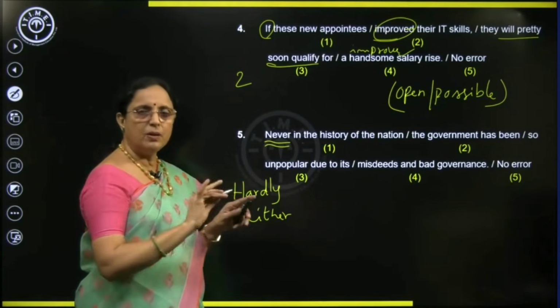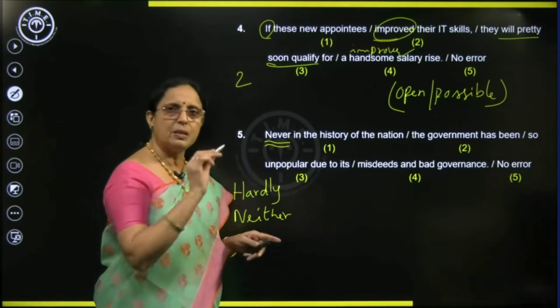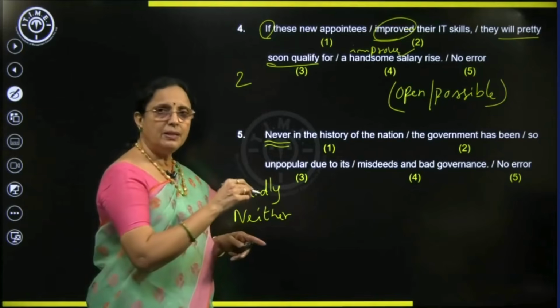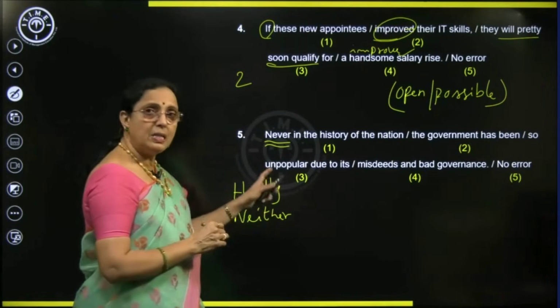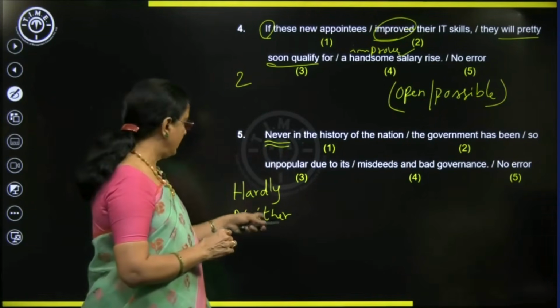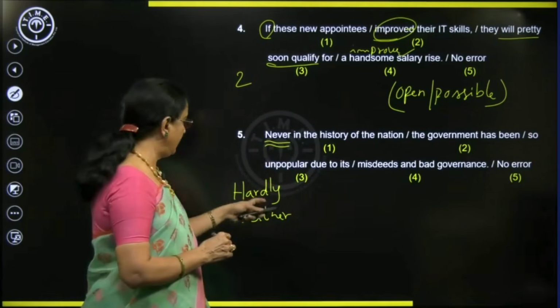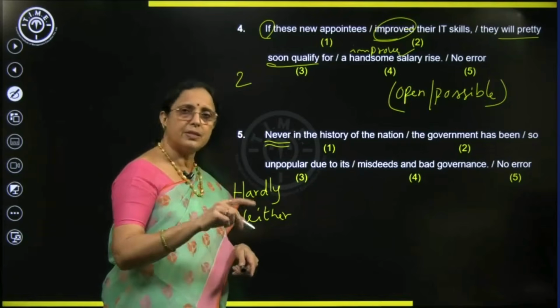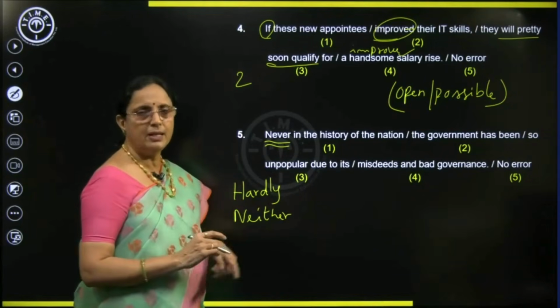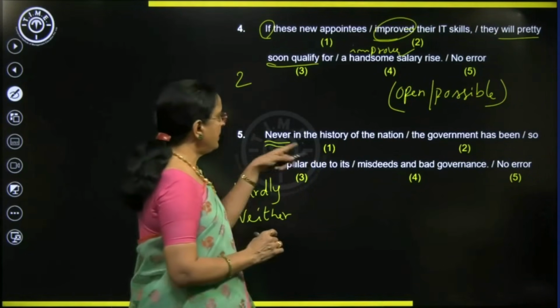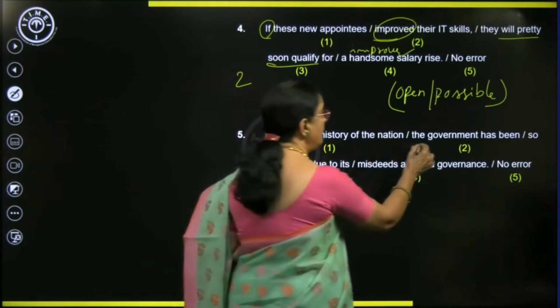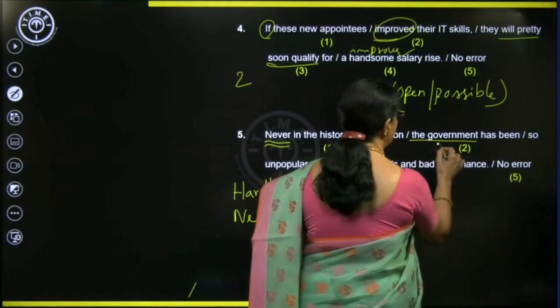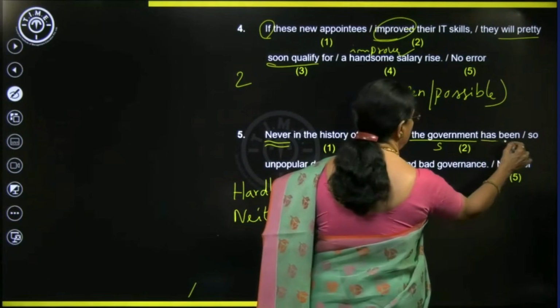All right. Normal statement, regular statement is what? Subject plus verb. But in these particular sentences that start with negative words like never, hardly, neither, either adverbs or conjunctions, you should write the verb first and then the subject. Okay. Now let's apply that. So never in the history of the nation, the government has been: the government is the subject, has been is the verb.